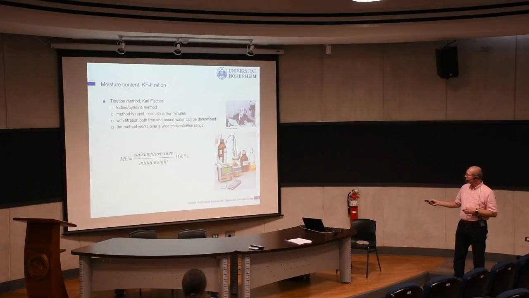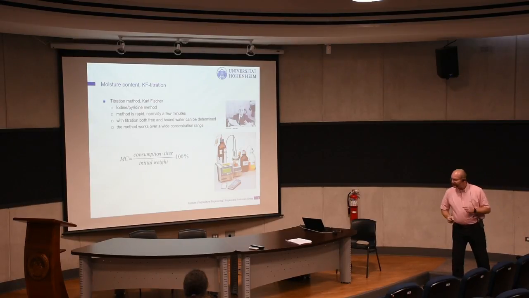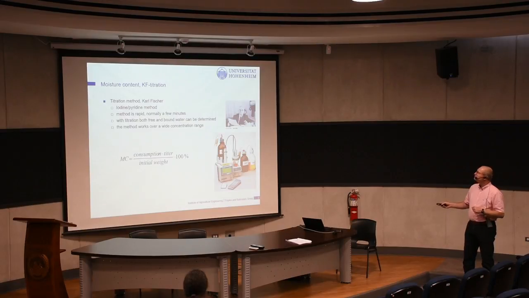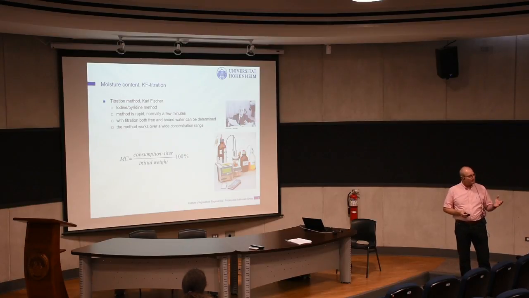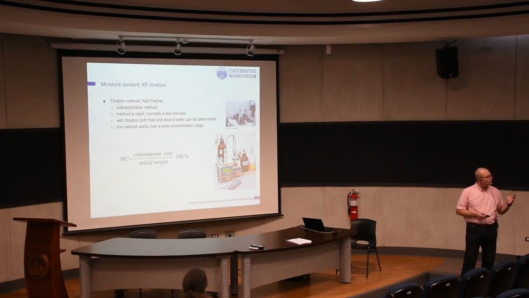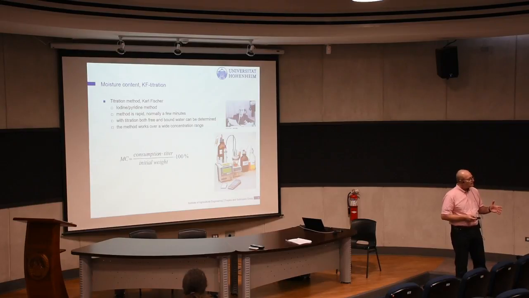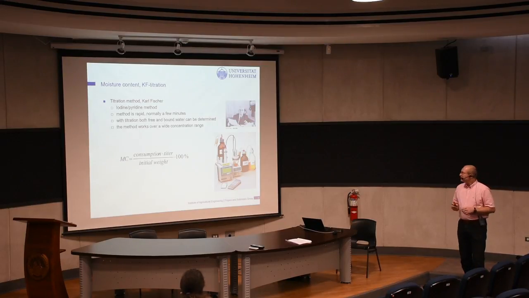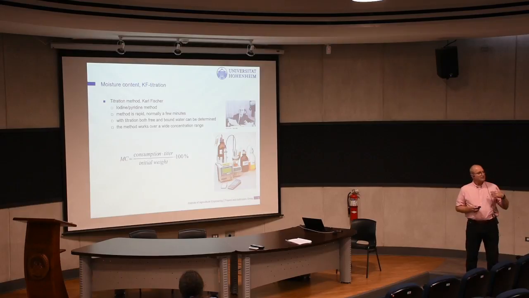You see here a titration apparatus, yeah, and by this iodine pyridine method here, you can see a change in color, and meanwhile you measure this inside by electrodes here, and it's just a titration to find the water in a product, and this is very specific to water, just to water. This is really the gold standard. Then you really know, okay, this is the water in my product, nothing else. But time consuming and expensive.